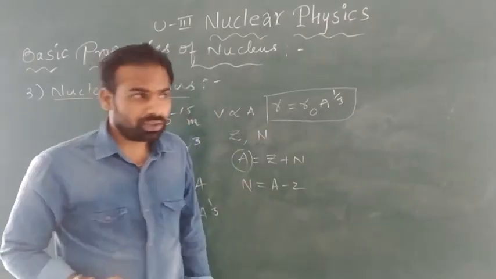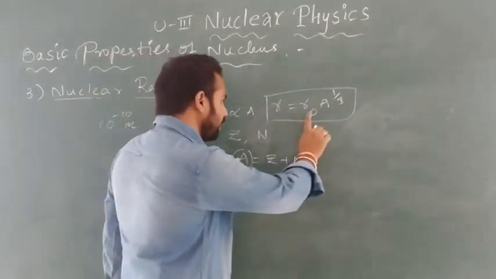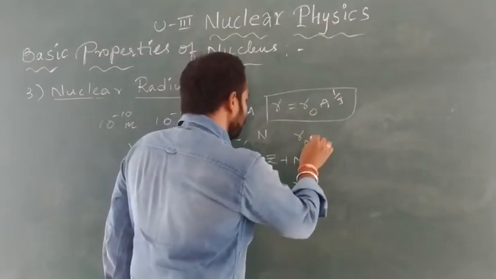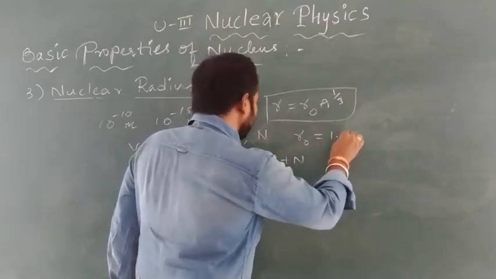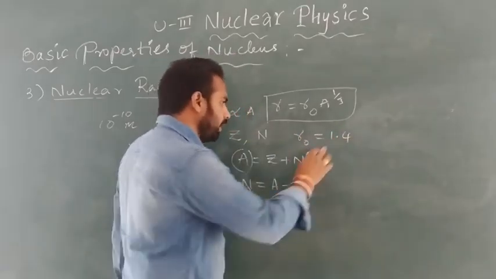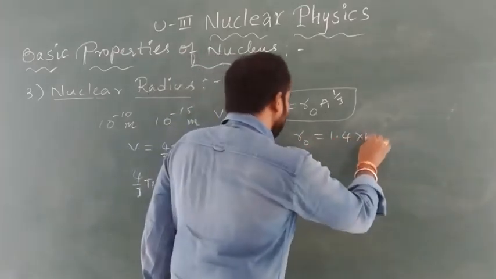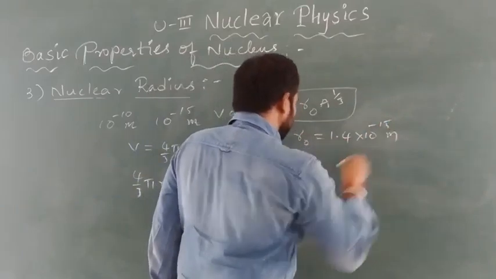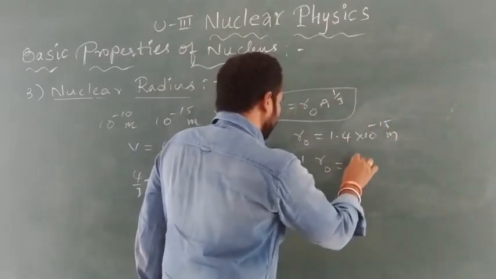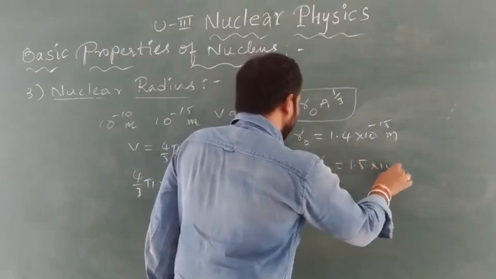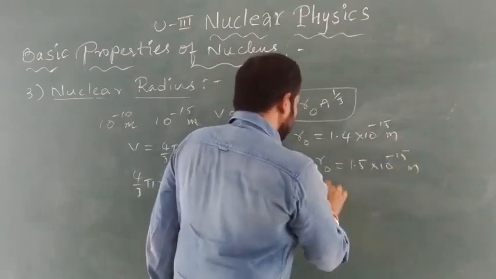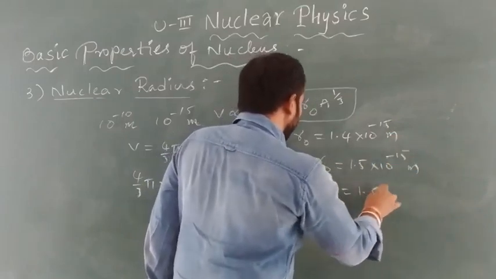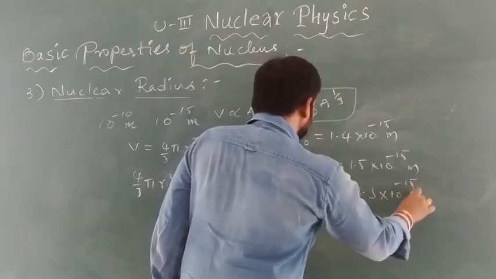Here R naught is a linear constant. In some textbooks they take 1.4 into 10 power minus 15 meters, in some texts 1.5 into 10 power minus 15 meters, and in some R naught is 1.3 into 10 power minus 15 meters.